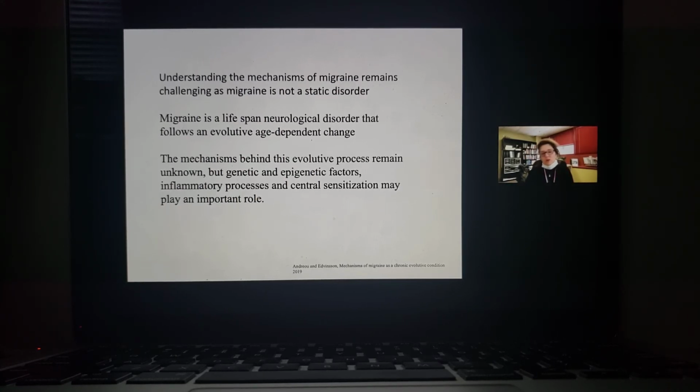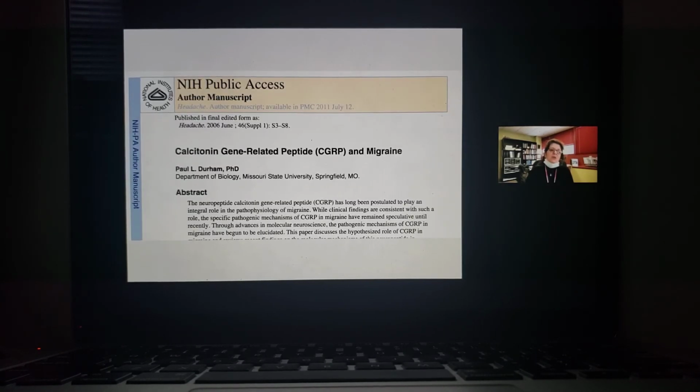It's not only cortical depression followed by excitation in the central nervous system, but it's really something that has evolved, and now we understand more the neuroinflammatory process and central sensitization. And this is not, by the way, unique to migraines. I think it's a common understanding for many chronic pain conditions. More recently, the role of CGRP in migraine has been stressed in the most recent years.